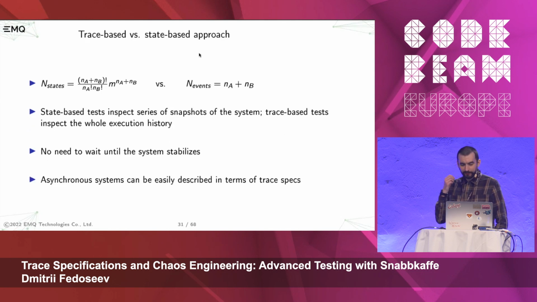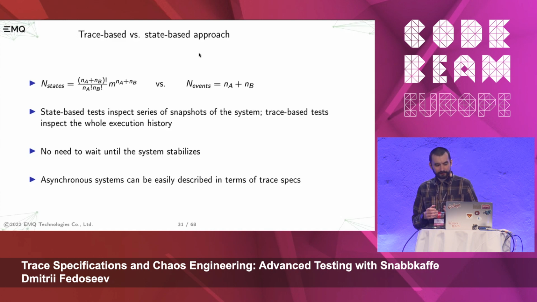If you compare it with a state-based approach, we notice that the number of trace events scales linearly with complexity of the test scenario, as opposed to the super-exponential growth of the state space. State-based tests inspect series of snapshots of the system, while trace-based tests inspect the whole execution history of the system, so there's no need to wait until the system stabilizes to take a snapshot.